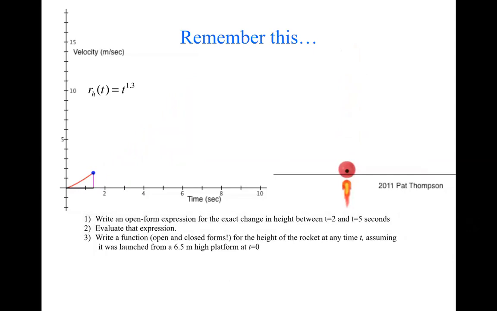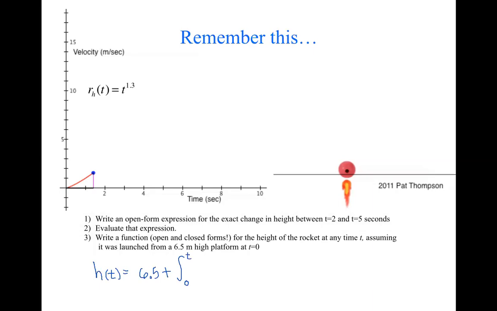So if I want to know the height, not just the change in the height, I need to use this 6.5, meaning if I want to know my height, I'm going to start at 6.5 and then accumulate afterward due to this rate. So that's starting at time 0 up through any time t.